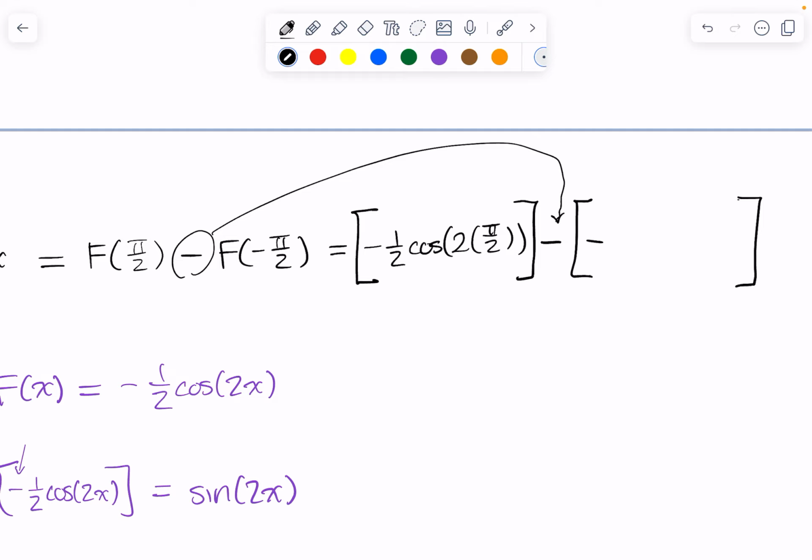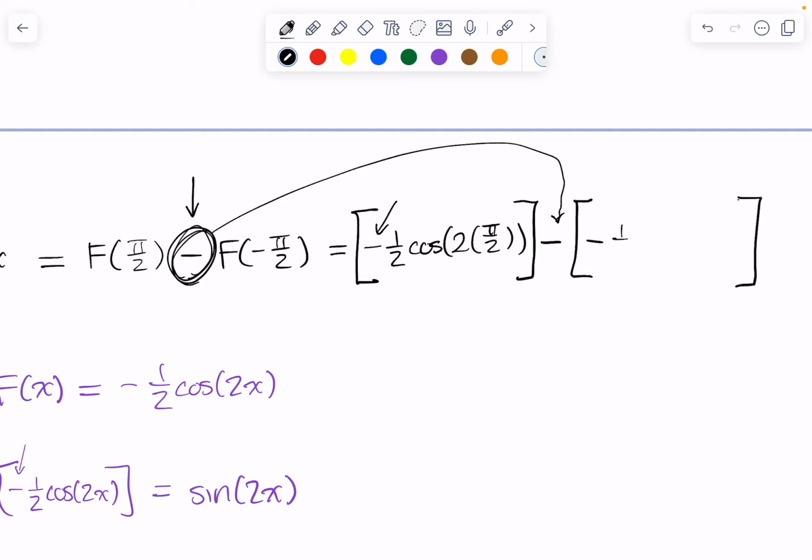This is the most common mistake. Everyone forgets that there's a minus sign right here in addition to any other minus signs that are a part of the capital F sort of thing. And so often students will just forget about one of these, and then they'll get a completely wrong answer just because they missed a minus sign. So don't miss the minus sign.